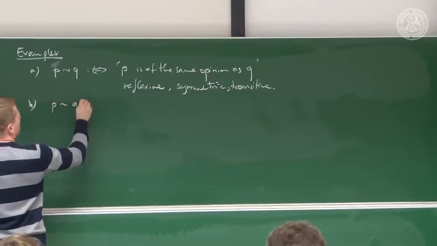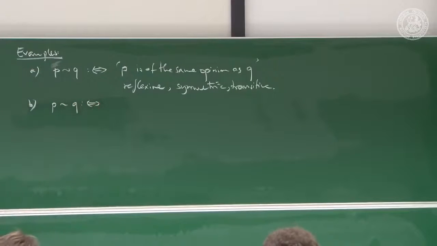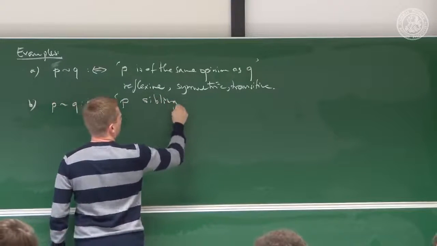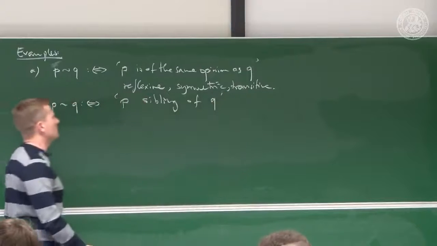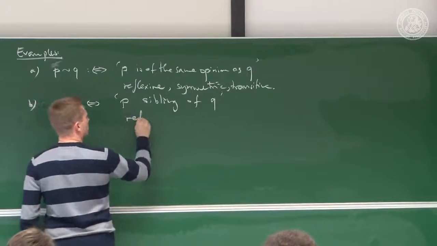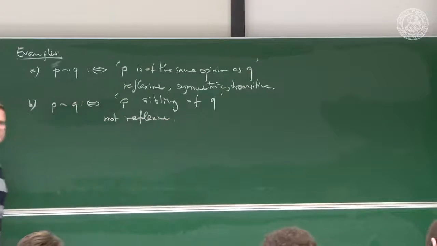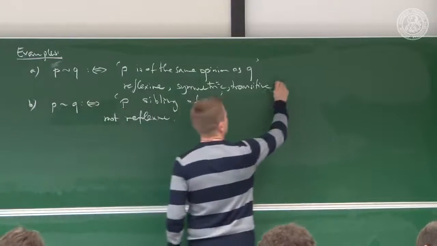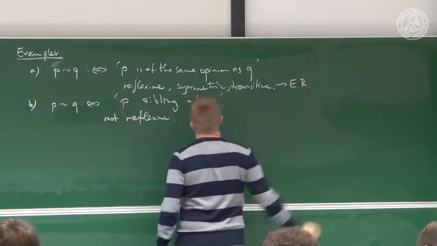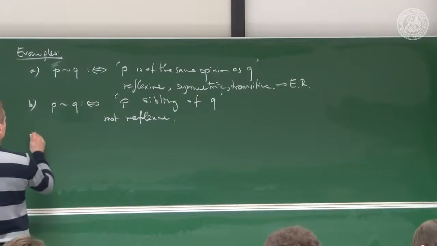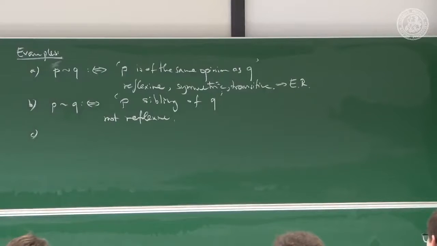B, let's say we define a different relation, like p is the sibling of q. Sounds good, but it already fails to be reflexive because you're not your own sibling. Not reflexive. So here it is an equivalence relation, and this is not an equivalence relation. P is the sibling of q. It would be symmetric, though.